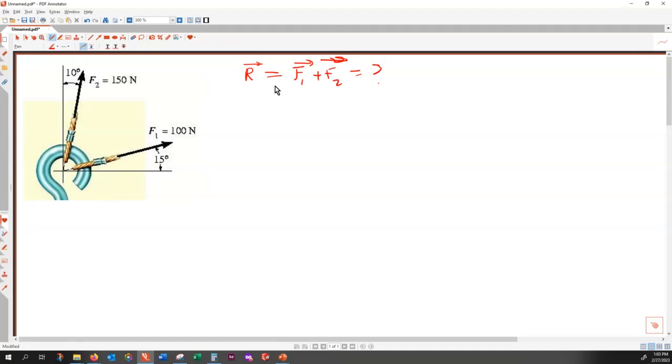So before I construct a triangle or parallelogram, what you need is, this is 90 degrees, right? So that angle here is equal to that one, theta. So theta is 90 degrees take away 15 plus 10. Any objection to that?